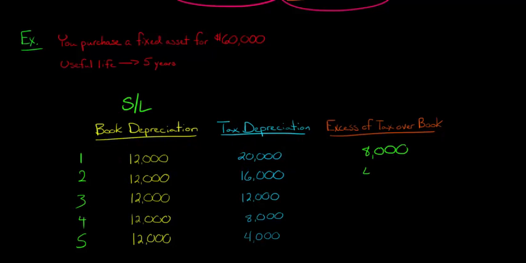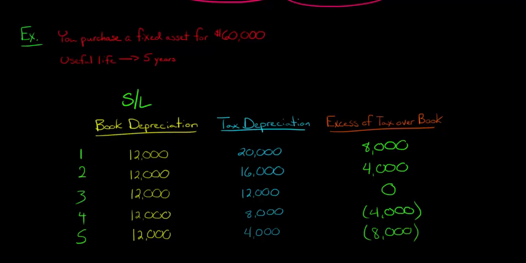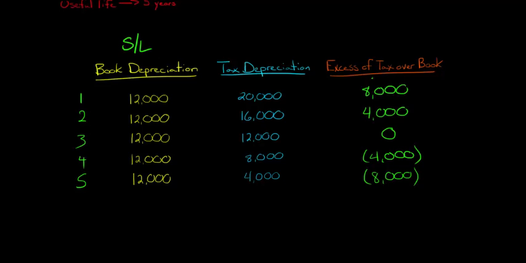Now, in year 2, it's going to be 4,000 excess of tax over book. In year 3, it'll be 0. There's no difference. And then in year 4, it's actually going to be book. Book ends up with more in deductions. And then in year 5, it's 8,000. Now, if we add up this column right here, we have 8,000 plus 4,000 is 12,000, minus 4,000, minus 8,000 is going to give us 0.